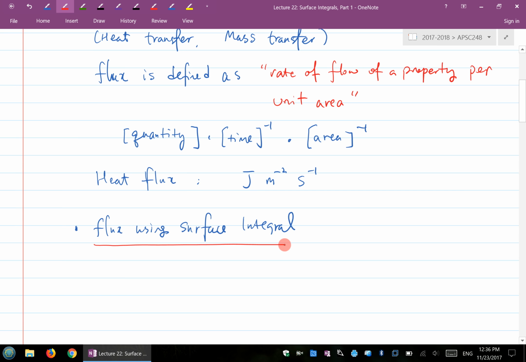We're going to calculate our flux using this concept. Before I give you the formula or even derive it, let's just think in general: what does this flux using surface integral mean?